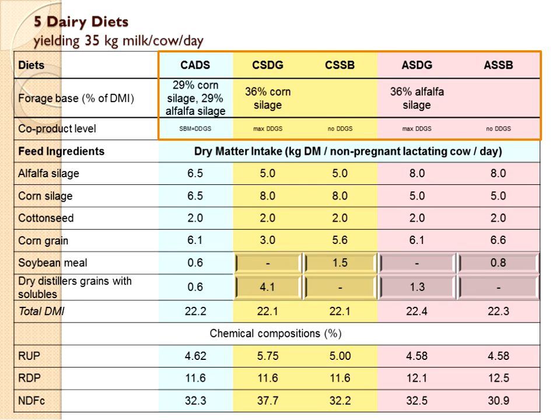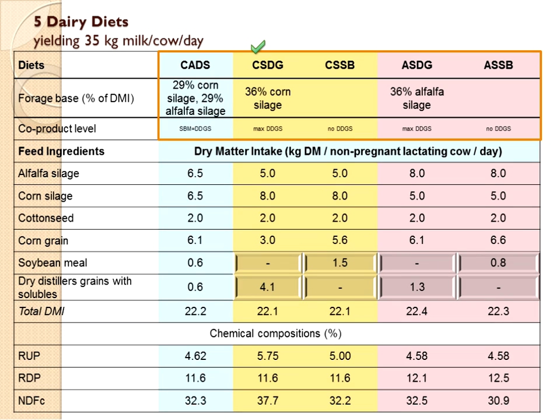These are our 5 diets, and let's take a minute to understand these acronyms. We have 2 types of forage base. We have alfalfa, and if we're starting with an A, it means our silage is primarily alfalfa.